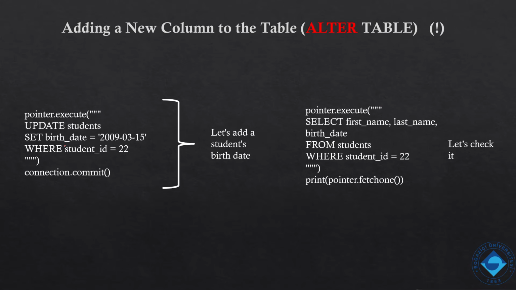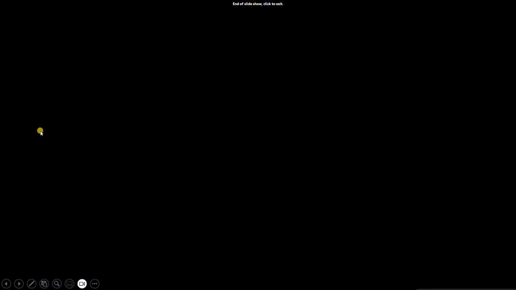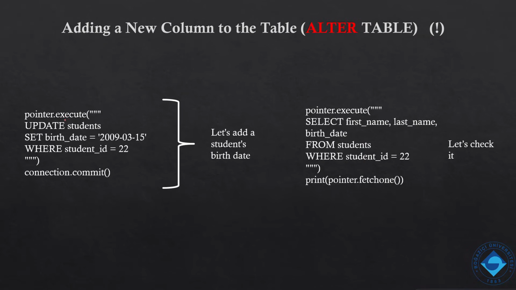Okay, as you can see, UPDATE, execute, UPDATE students, it is our table name, SET birth date, WHERE student ID 22. It means we try to add a student's birth date, students with student ID 22.